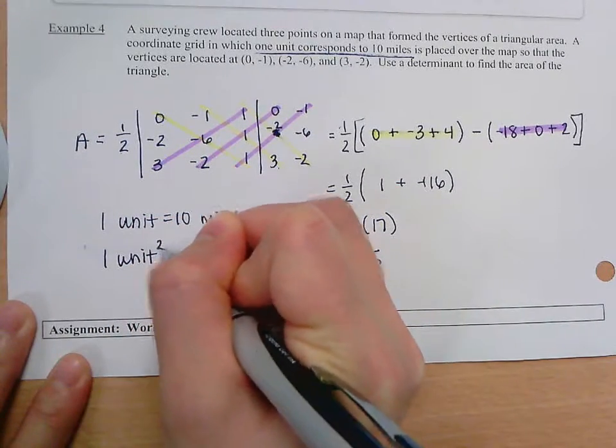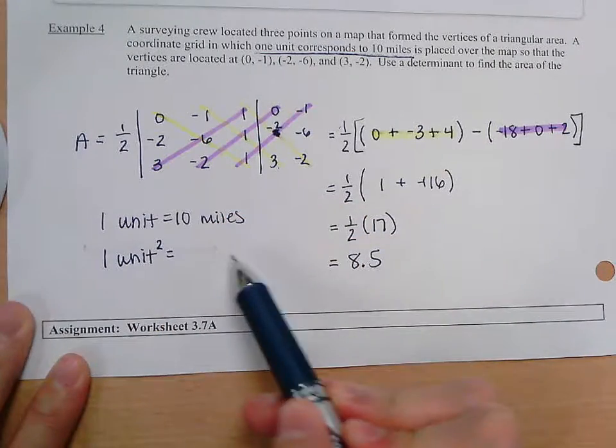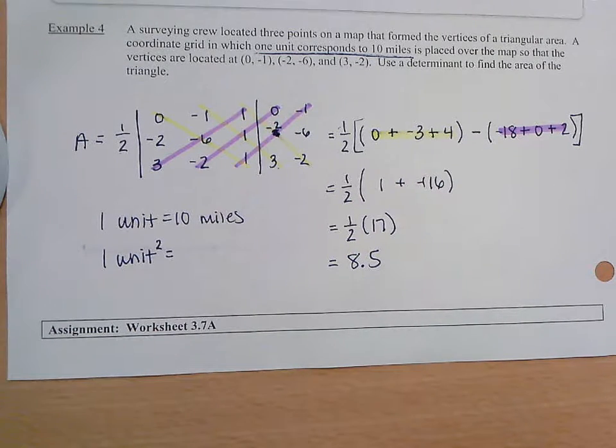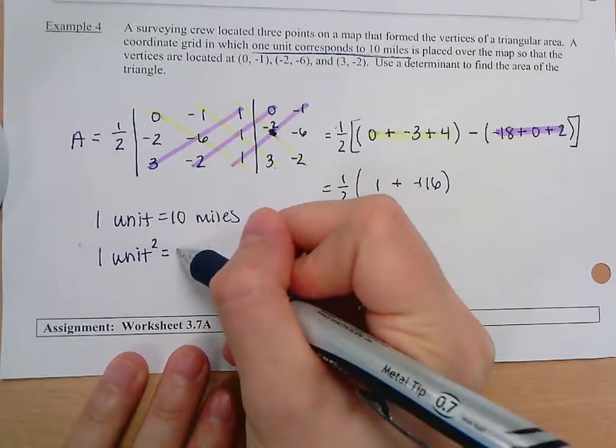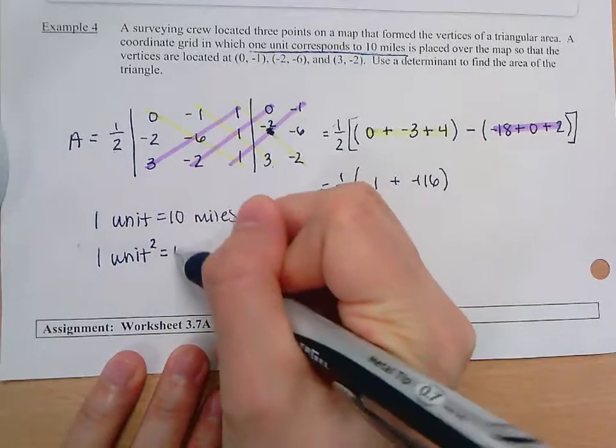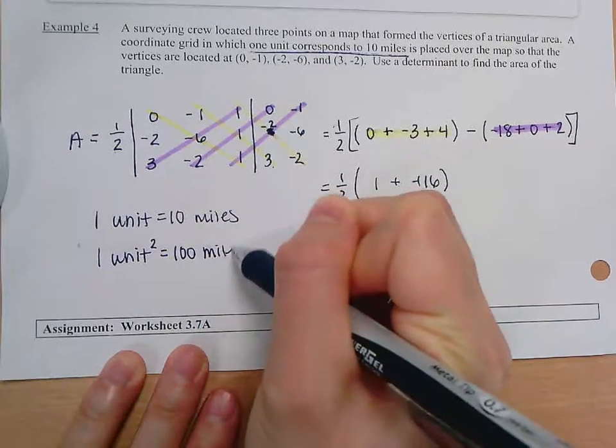So 1 unit squared would be how many square miles? So if you think of like a coordinate plane, like 1 unit is 10, but then if you have 1 square unit, it would be 10 by 10. So 1 square unit would be 10 squared square miles, so 100 square miles.